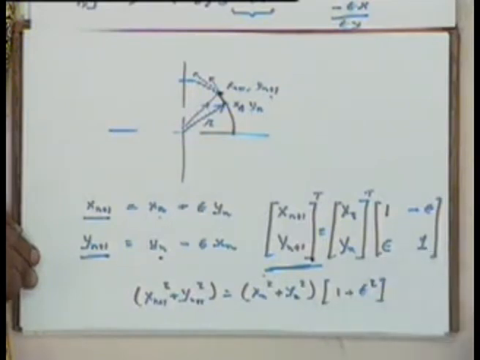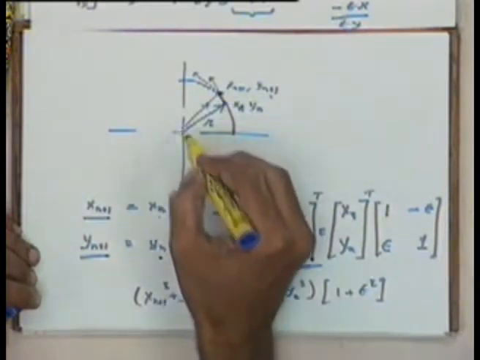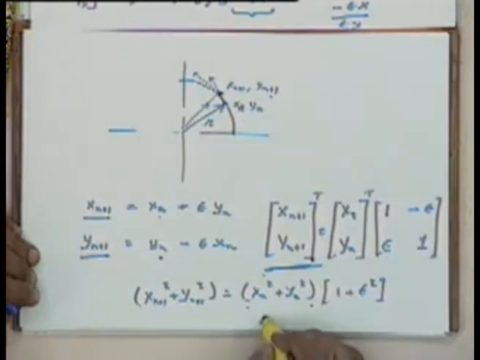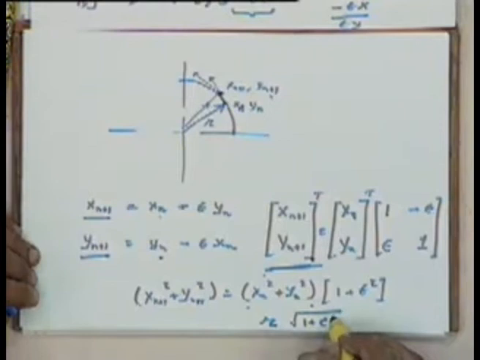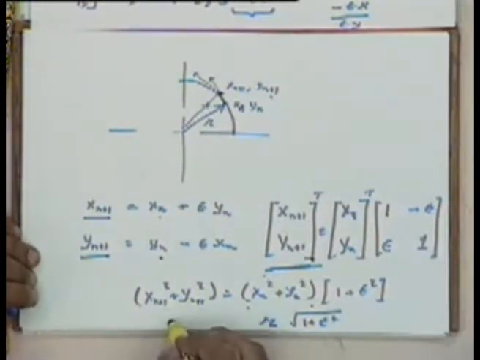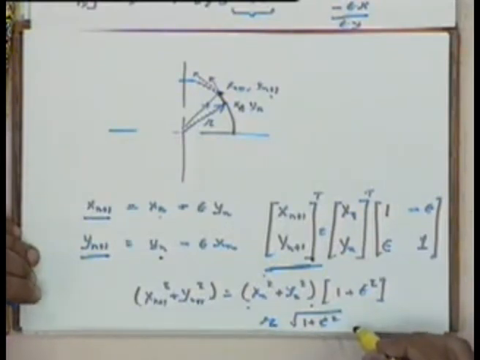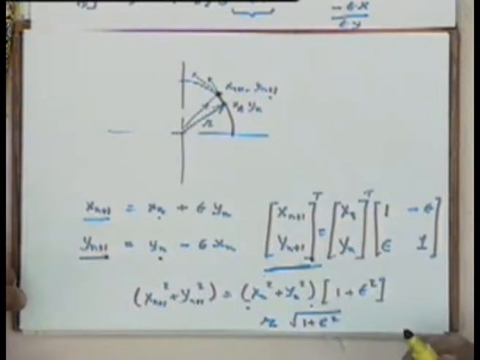That is the magnitude of this determinant. So the distance of this point xn plus 1 yn plus 1 from the origin will be, if this distance is r, r multiplied by the square root of 1 plus epsilon squared, even though epsilon will be a very small number.